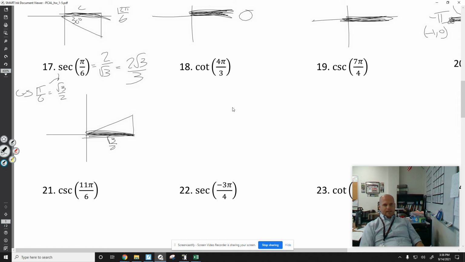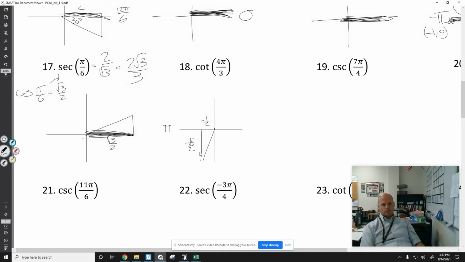Cotangent, I think it's easier to know that tangent's opposite over adjacent, y over x. So cotangent's going to be adjacent over opposite, the flip. So cotangent's going to be x over y. 4 pi over 3, boom. Going down, I'm going left.